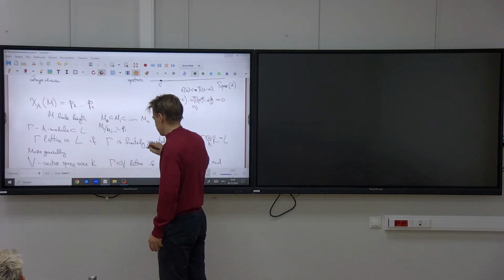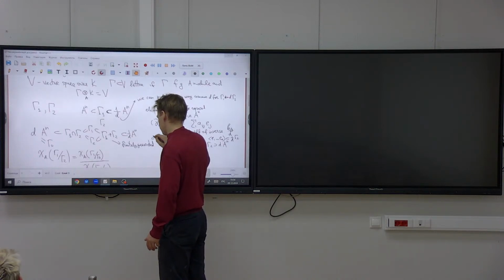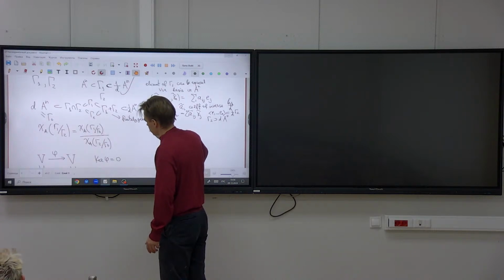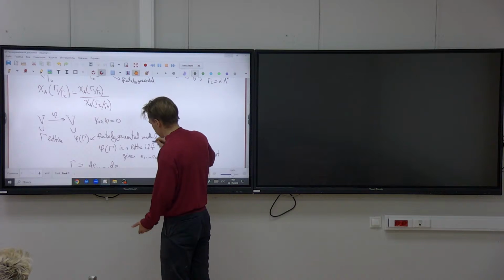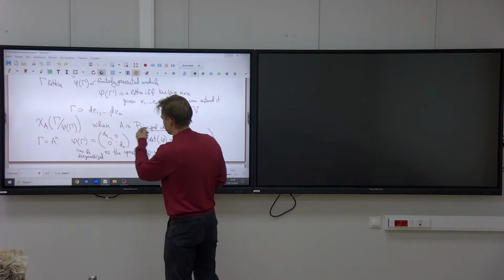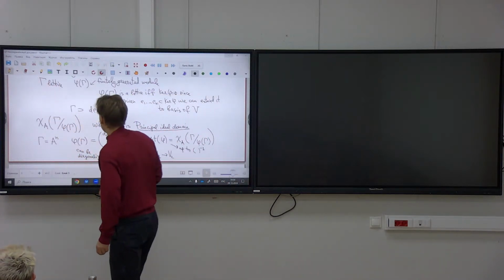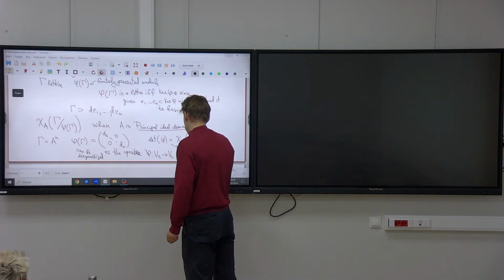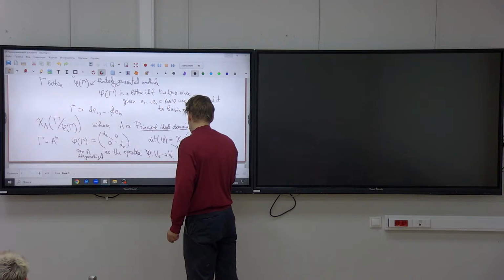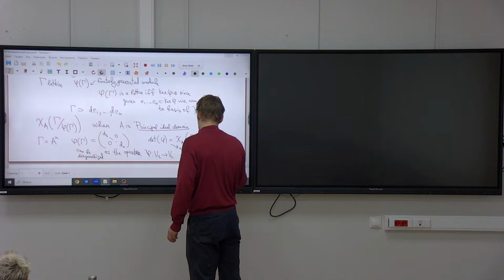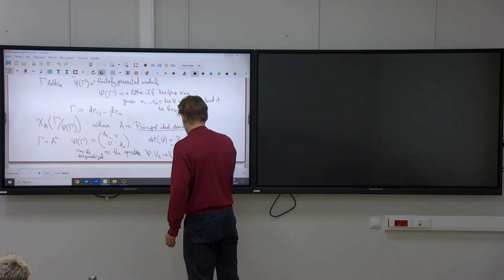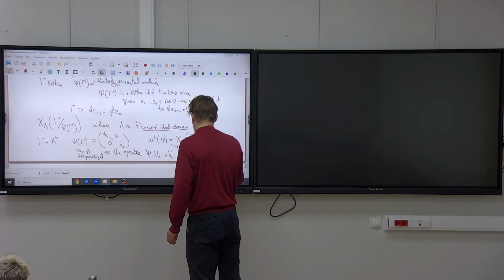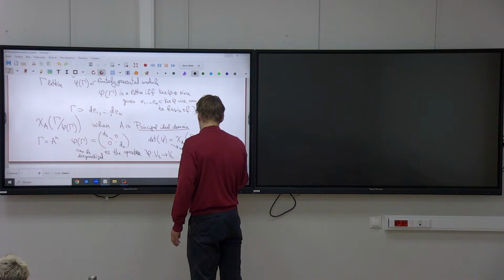But since we are working in the ring and we are keeping track that the change of basis results in multiplication by a matrix with determinant plus minus 1, yeah?